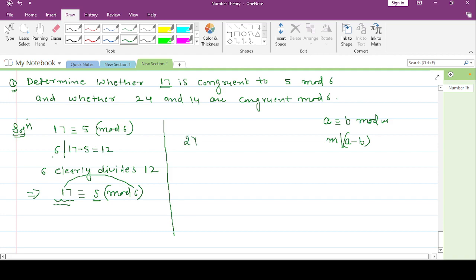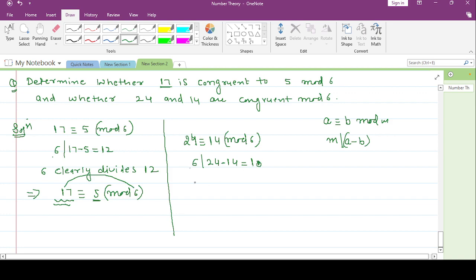So is 24 congruent to 14 modulo 6? Now notice here, does 6 divide 24 minus 14? 24 minus 14 is 10. So 6 does not divide 10.